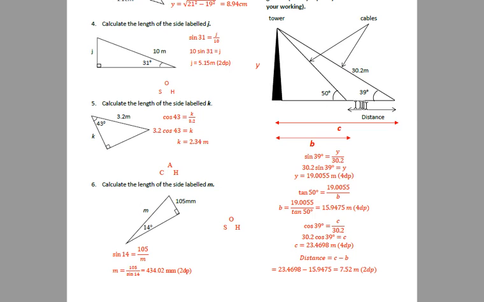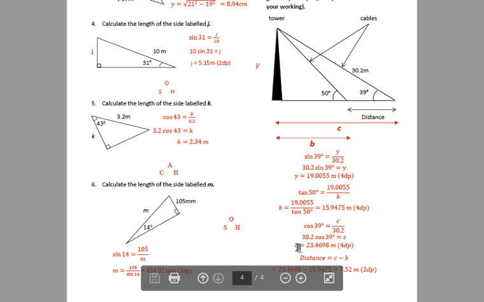You could use Pythagoras at this point, because you've got this y value and this long side: the square root of 30.2 squared minus the y value, approximately 19 squared, or put in a few extra decimal places, 19.0055 squared, and take the square root of all of that, and you would be able to work out C. It's one way of doing it.